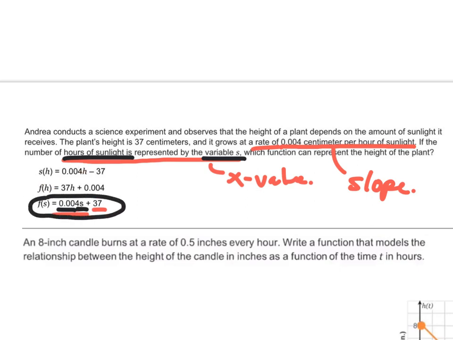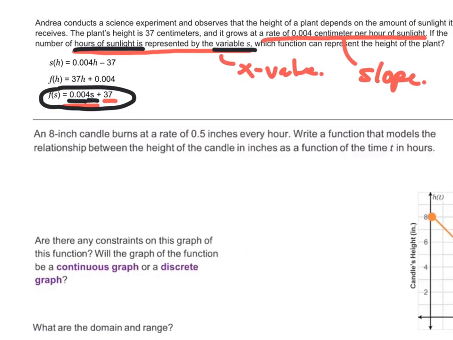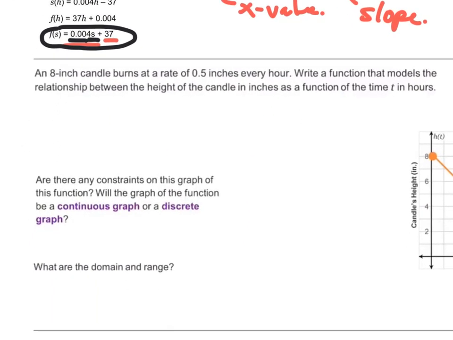The next one says an 8-inch candle burns at a rate of 0.5 inches every hour. Rate of 0.5 inches every hour, that's important information. This is our starting point, this is where we start. It has 8 inches.